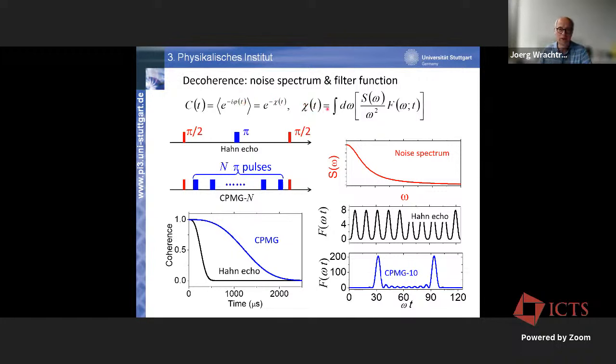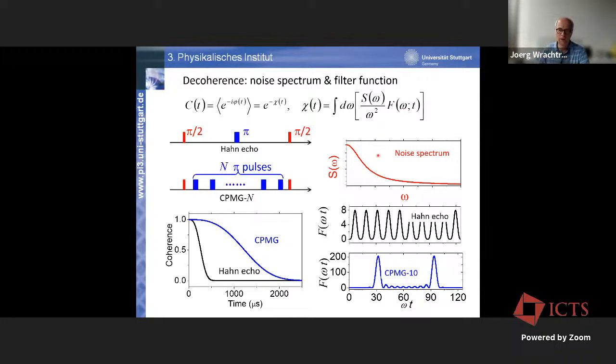And this theta of t is nothing but the integral over the noise your electron spin is exposed to, so its noise power spectral density S of omega times a filter function. And this filter function is determined by the pulse sequence you're applying. All right.